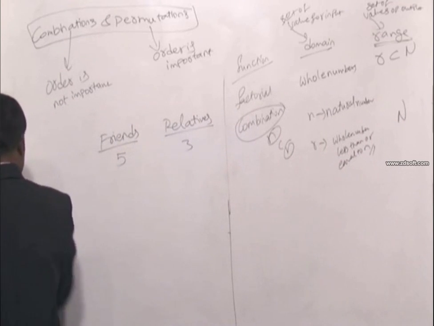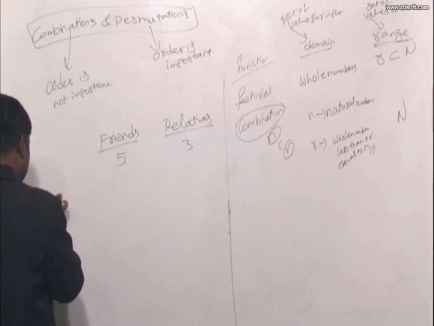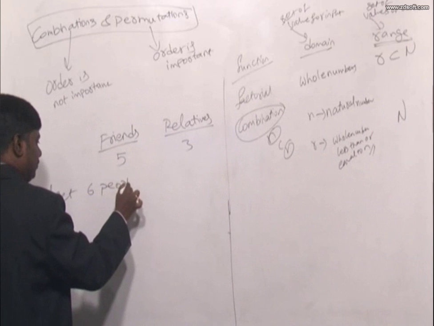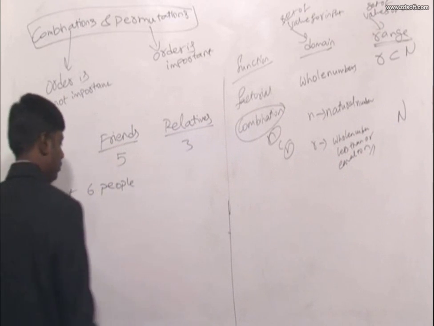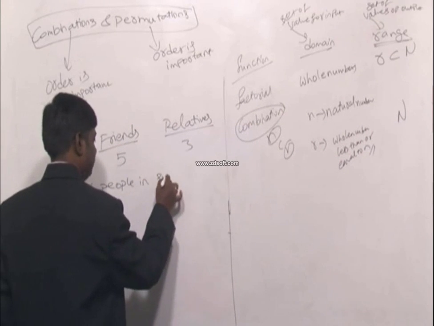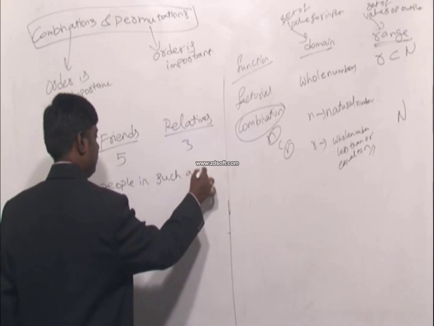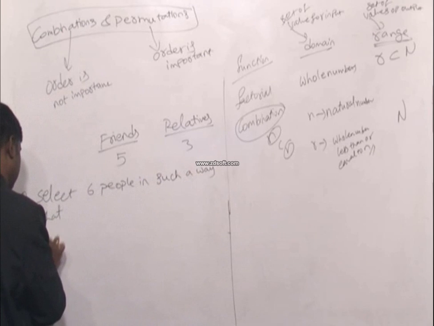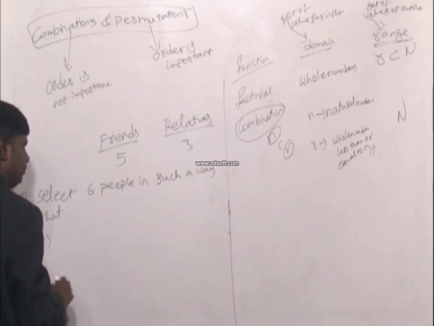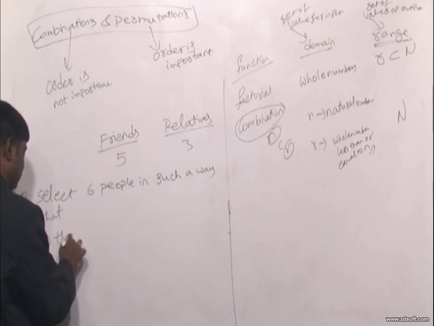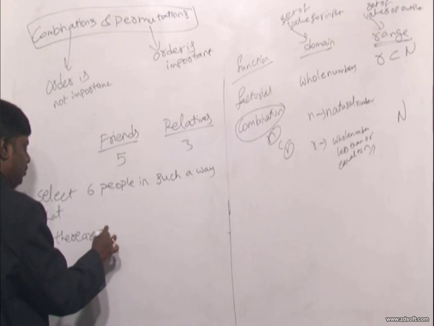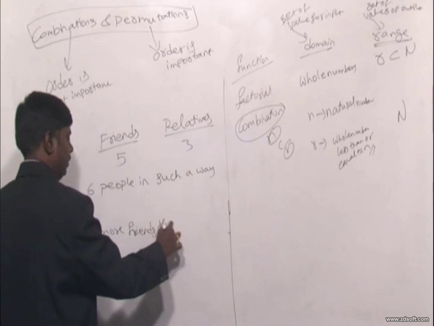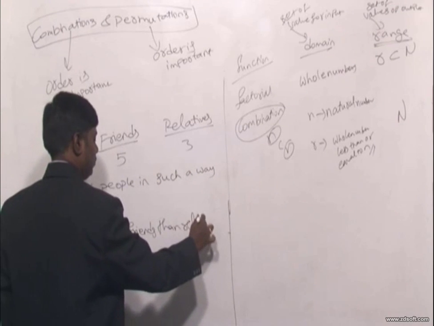Let us make this more interesting. Select 6 people in such a way that there are more friends than relatives.